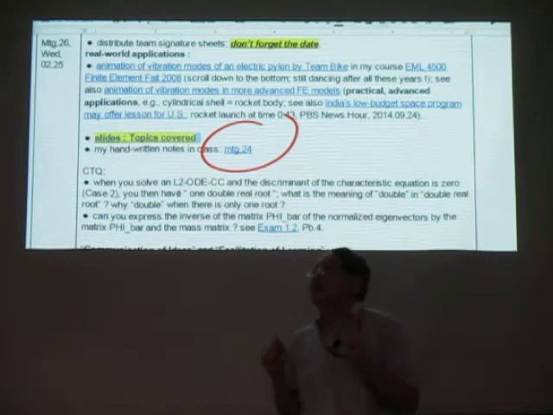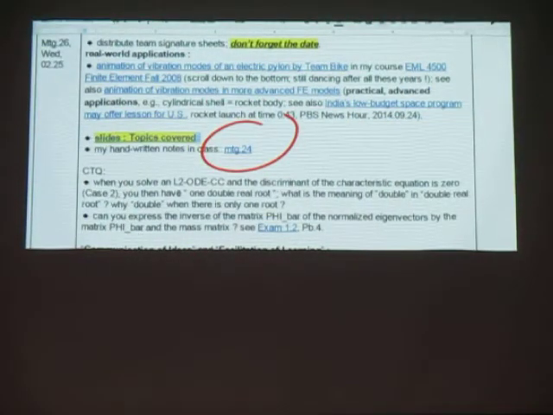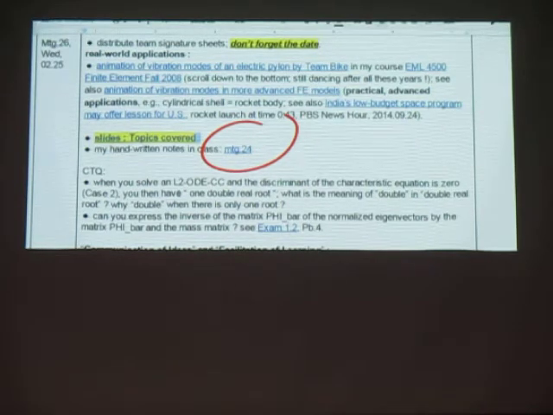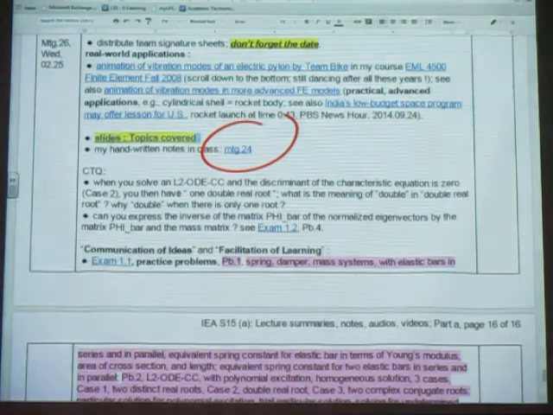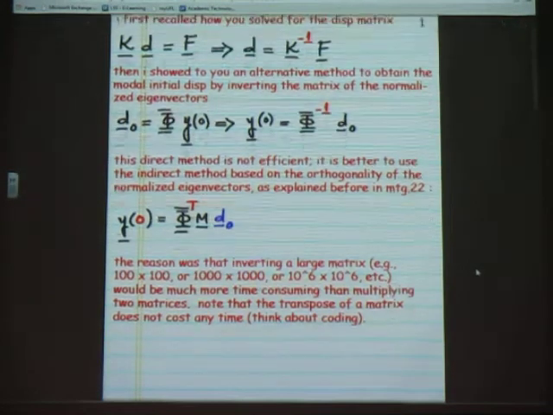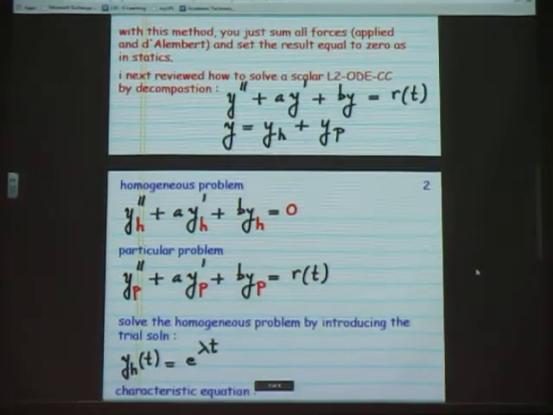Okay, so here, let's recall that we are talking about the roots of the characteristic equation. So let me remind you. Let me bring up the previous meeting 24 here, and probably down below. Yeah, so I review to you here, right?